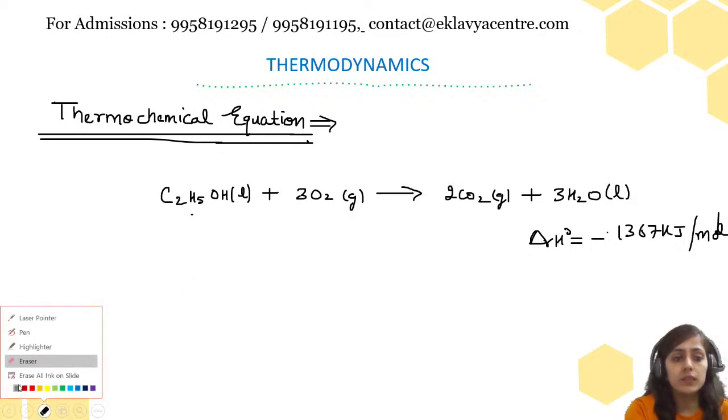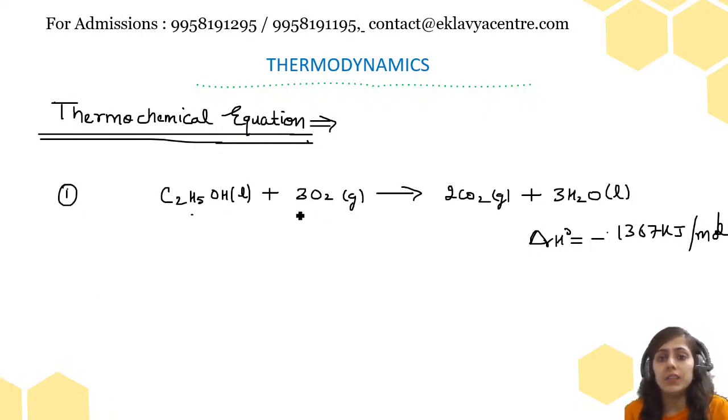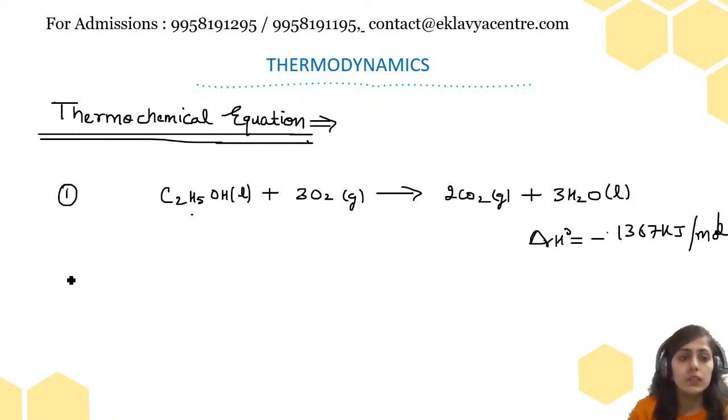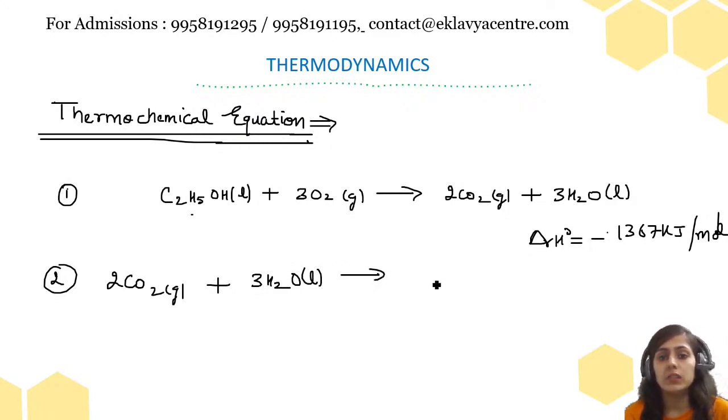Now suppose in a thermochemical reaction, we simply reverse the equation. If I write it like this, twice of CO2 gas plus thrice of water, on simply reversing the equation, we will get ethanol plus oxygen gas.